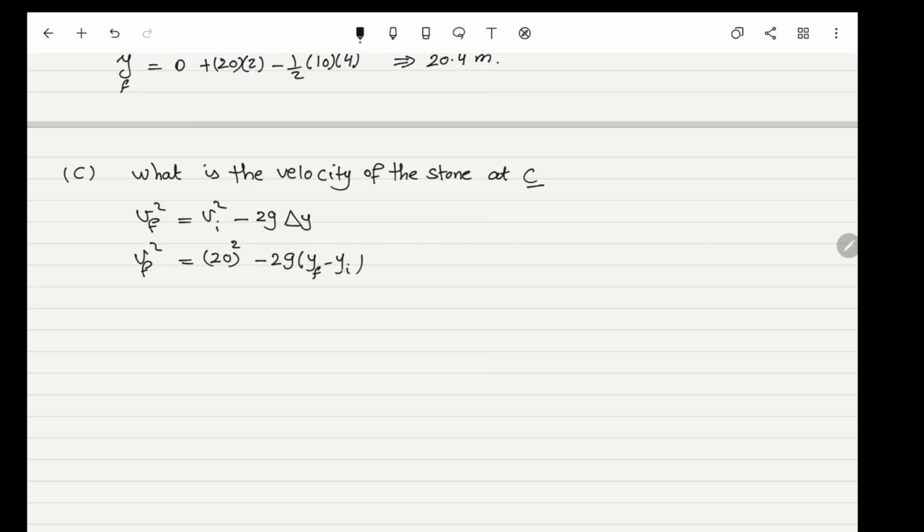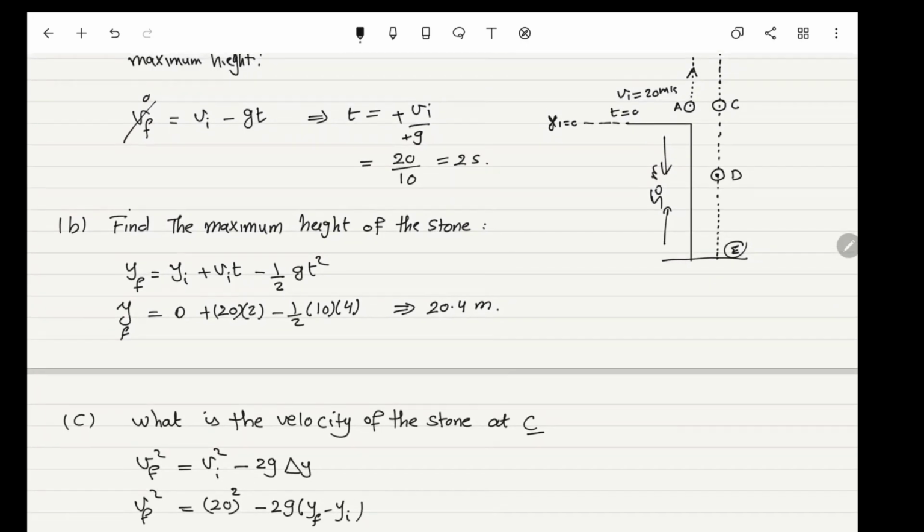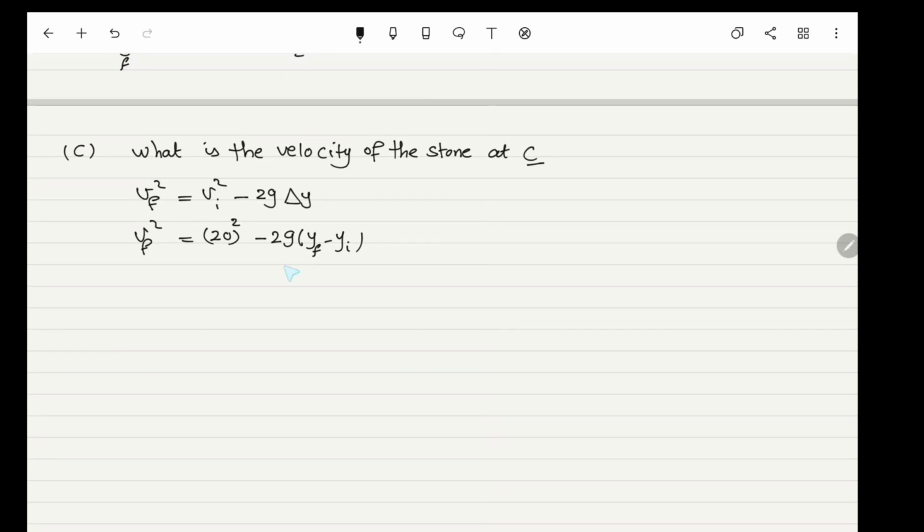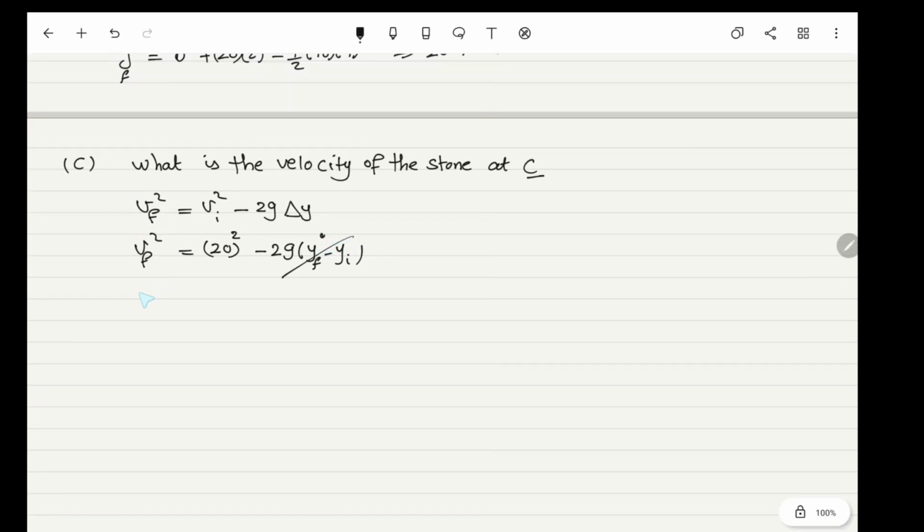But Y final is the same as Y initial, the same height, so this part goes to 0. So V final equals the square root of 400, which equals plus or minus 20 meters per second. The plus means the object is going up, and the minus means the object is going down. So in this case, we adopt V final equals minus 20 meters per second.